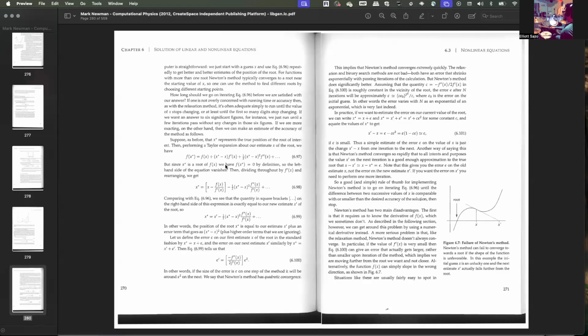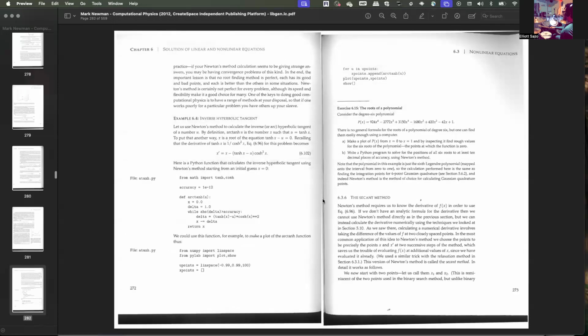You can really, if you'd like, get into the details here. This is going to tell you about the approximation error, things like that. But really, I would quite recommend that we start with something like this. So maybe here is an example of the hyperbolic tangent from that previous problem. We can use Newton's method here.